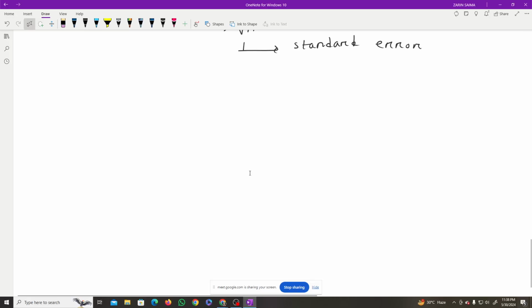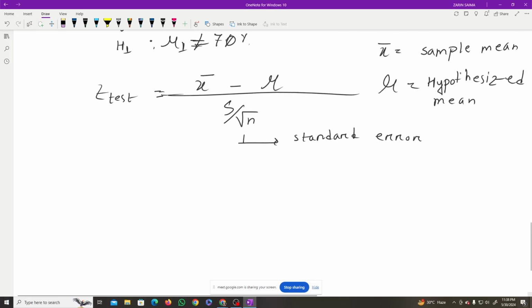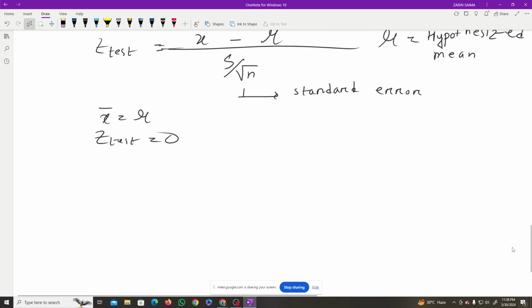So suppose these two values are same. You get exactly the same value as sample mean as your hypothesized mean. So your z-test will be 0 if these values are similar. So in that case, you will accept the null hypothesis.